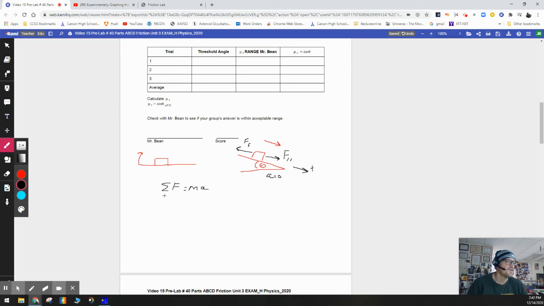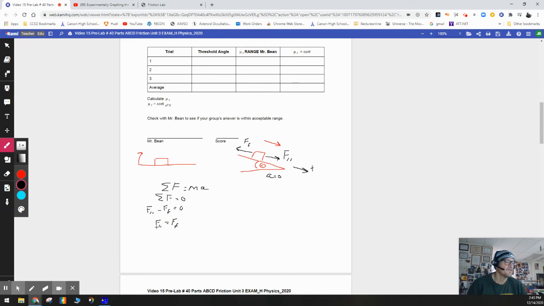So the sum of the forces is equal to 0. The force going down the ramp is the parallel force, and the force opposing it is the force of friction, and that's going to equal 0. So now we have the parallel force equal to the force of friction.